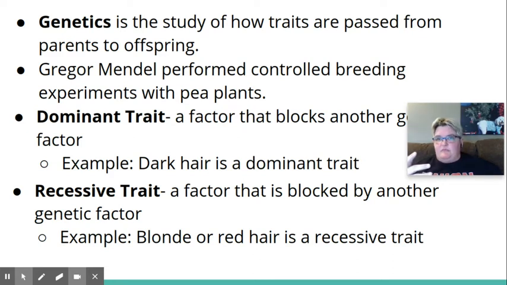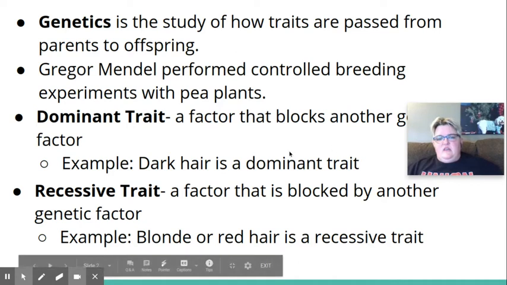You can envision it like a bullying situation: if the dominant trait's there, the recessive trait isn't going to get any food, it isn't going to get noticed, it's just going to be hidden behind. But when the dominant trait is gone, if just the recessive trait is there, then you may see the recessive trait. The recessive trait gets its say.